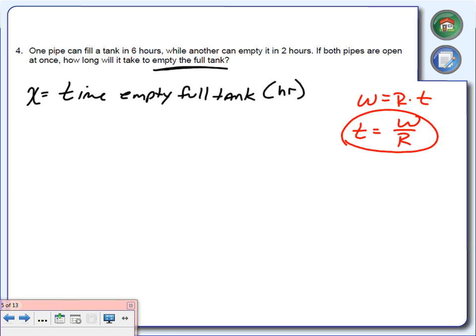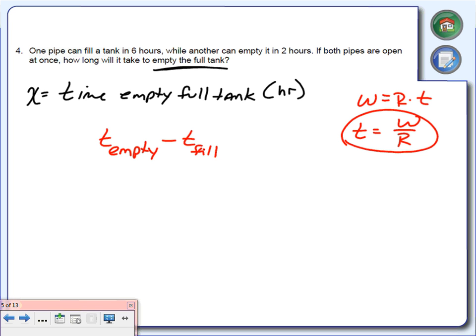I'm going to take the time that it takes to empty the tank and subtract from that the time it takes to fill the tank, because I want to take out what we're putting in.